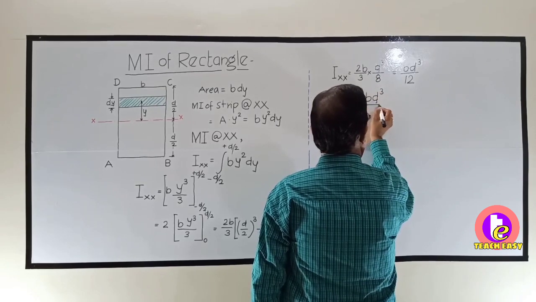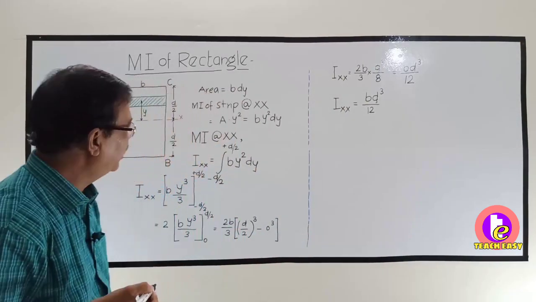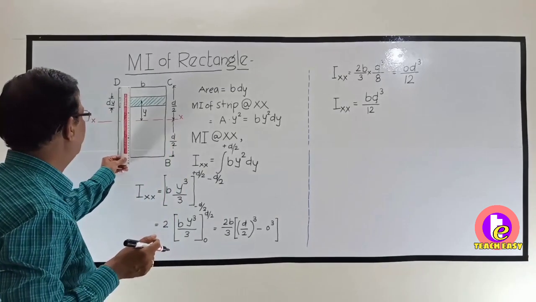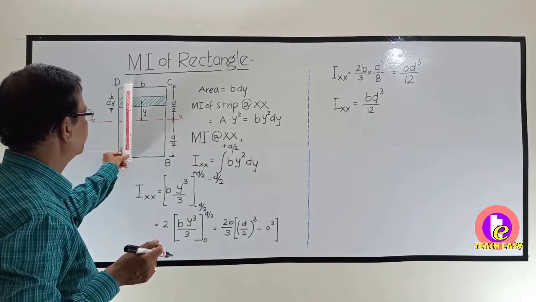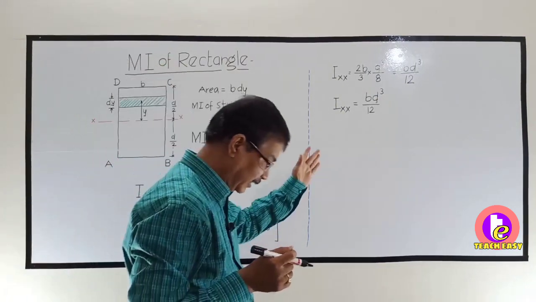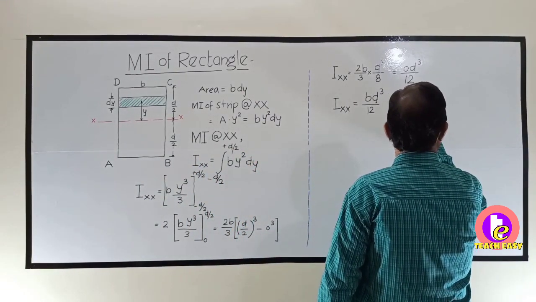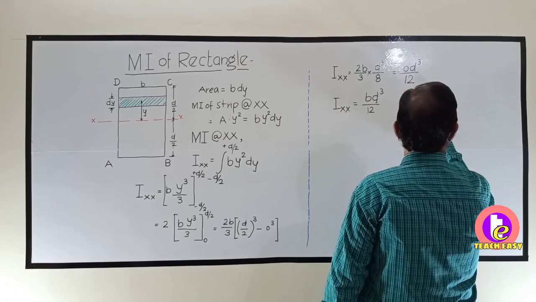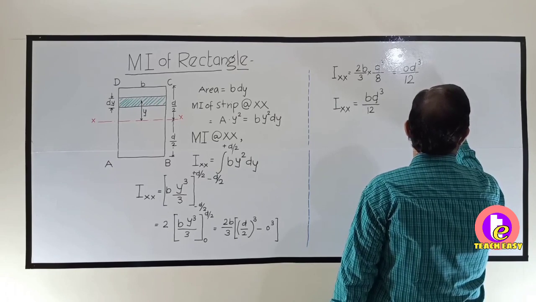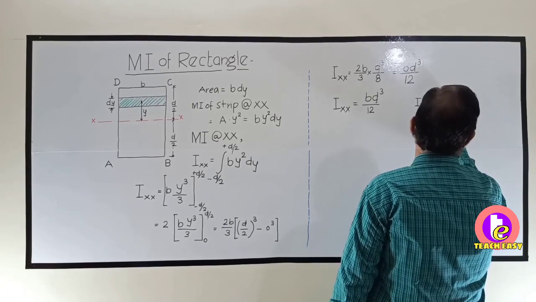Now, in the similar manner, instead of a horizontal elementary strip, if we take a vertical strip parallel to the y-axis, you will get the expression for Iyy, and in the similar manner I can say that Iyy is equal to, b and d will get interchanged, so it will be d into b cube upon 12.